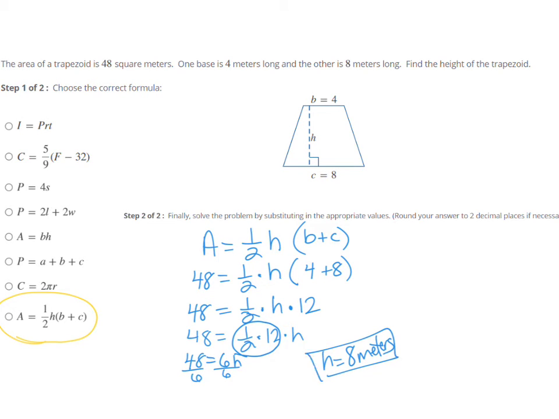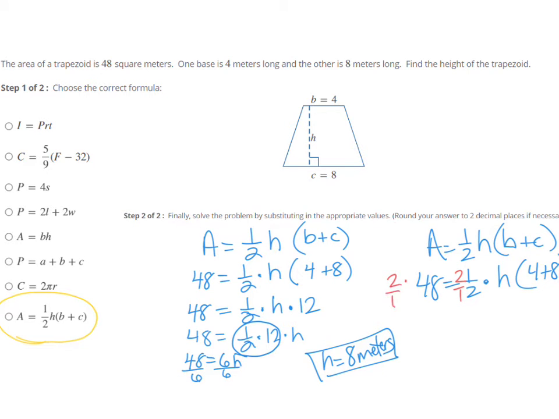Now this one worked out beautifully to do that. Let me show you real quick one other way. Sometimes what we'll do is we will try to get rid of the fraction right off the bat. So I'd have the 48 equals 1/2 times the H times the 4 plus 8. I would start off that way, but maybe I would right off the bat multiply both sides times 2 over 1.